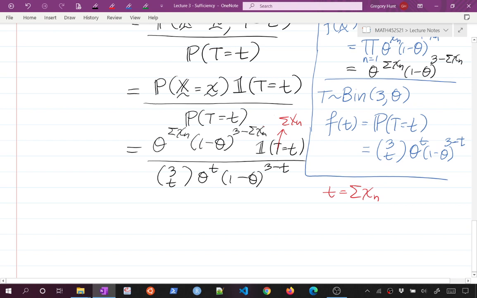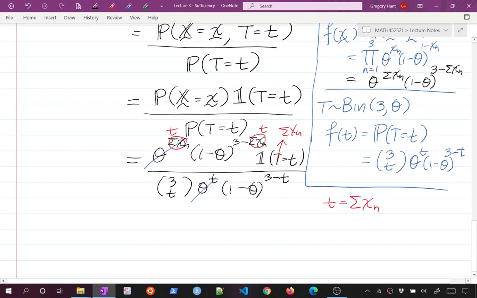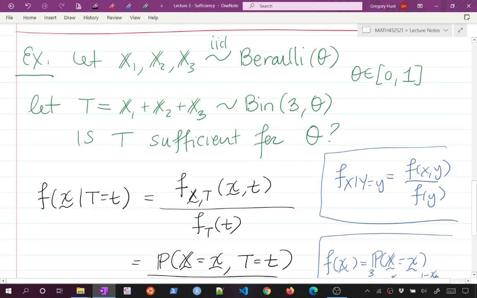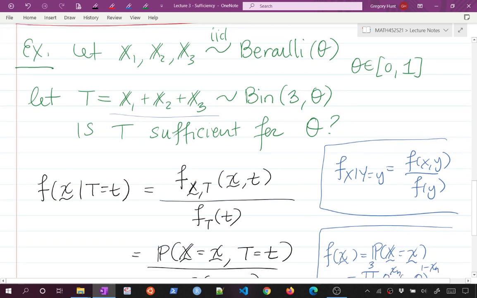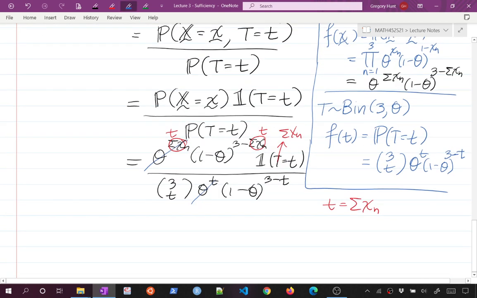And so this is t, this is t, as long as my indicator function tells me that's true. And so we're going to get a bunch of cancellations here. Theta to the t cancels with theta to the t. T is just the sum, that was our statistic to start off with. And 1 minus theta, this is going to cancel with this.